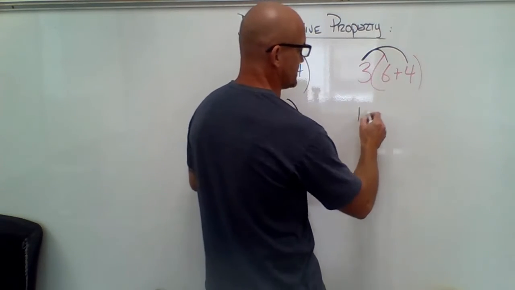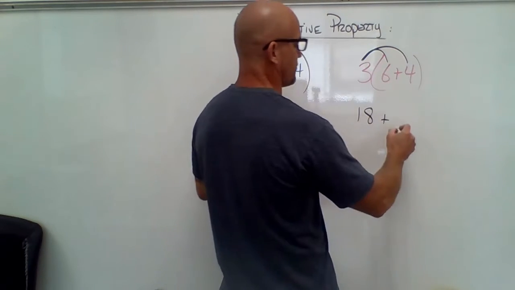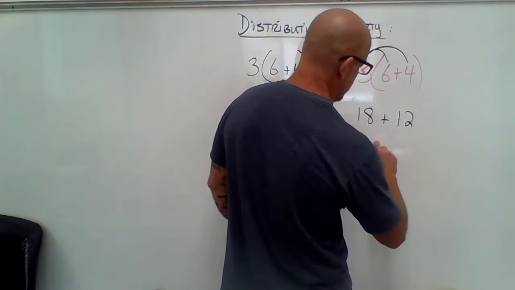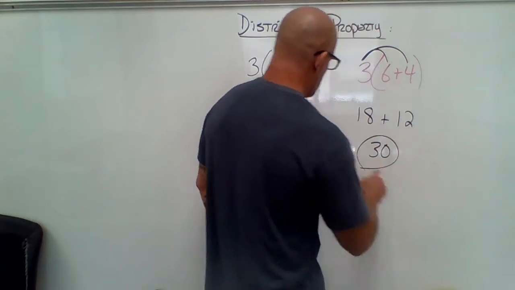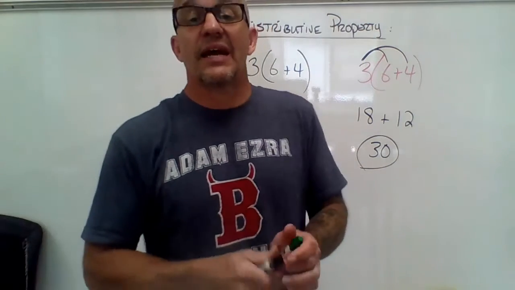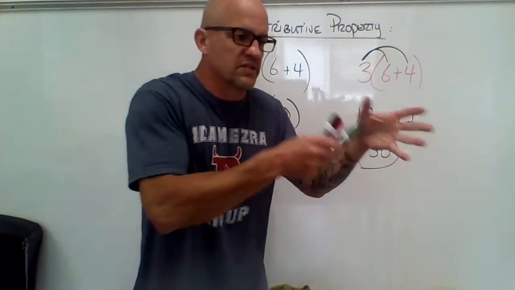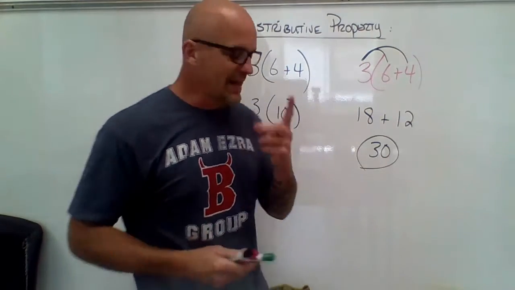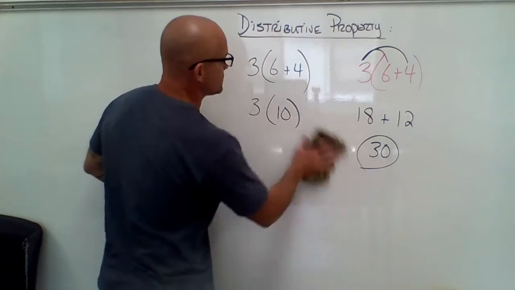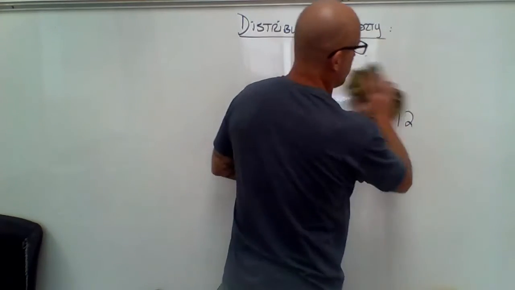Of course, 3 times 6 is 18, and 3 times 4 is 12. Now you can go back and add, and you get 18 plus 12, which is 30. So either way, you wind up with the same solution. That's what the distributive property is. It allows you to get around doing the work inside the grouping first before you multiply. It only works for multiplication. It's a rule breaker, a law breaker.